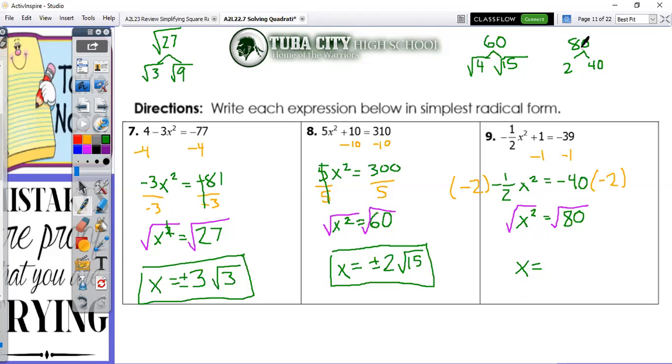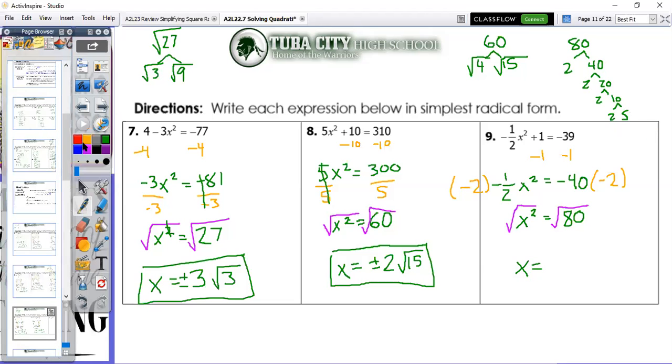2 times 40 makes 80. 40 is made with 2 times 20. 20 is 2 times 10, and 10 is 2 and 5. Look for your sets of numbers. So that's a pair of 2's, and a second pair of 2's.